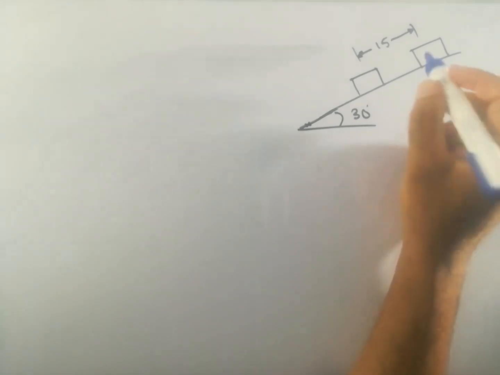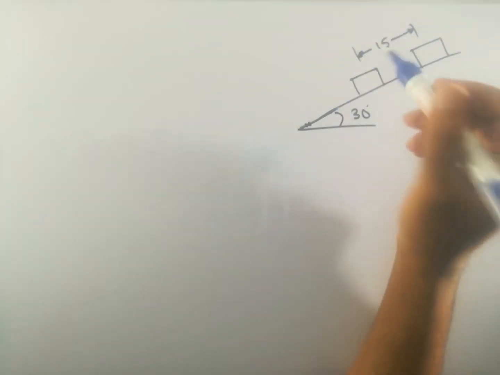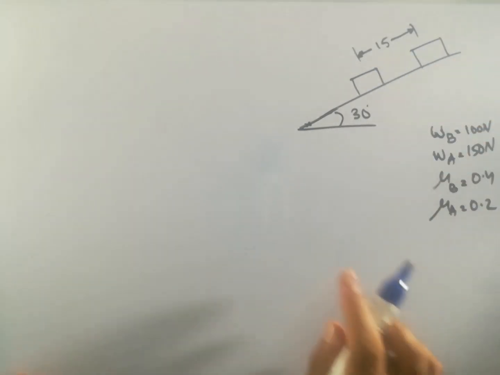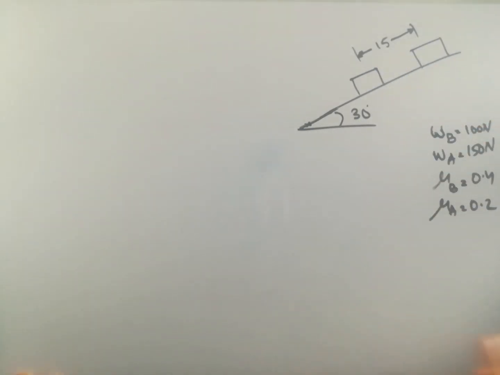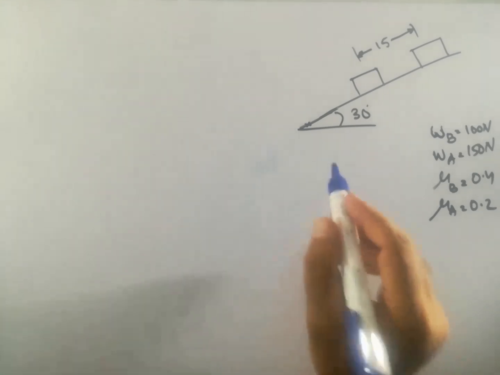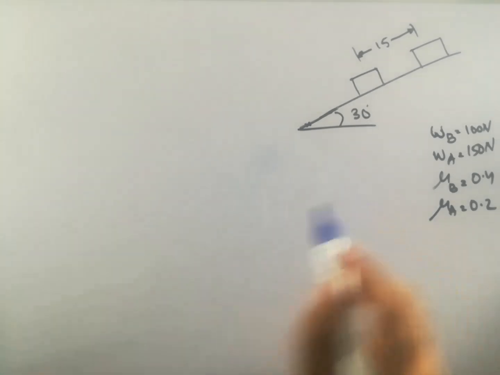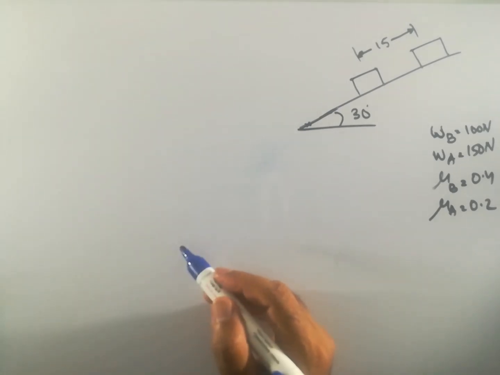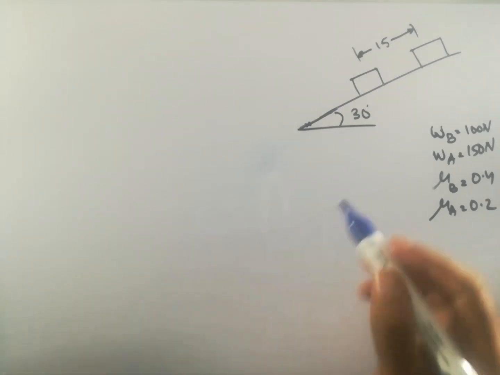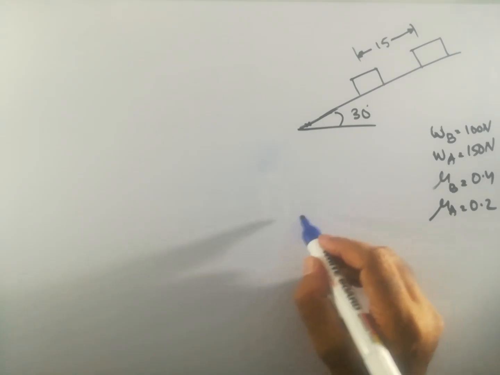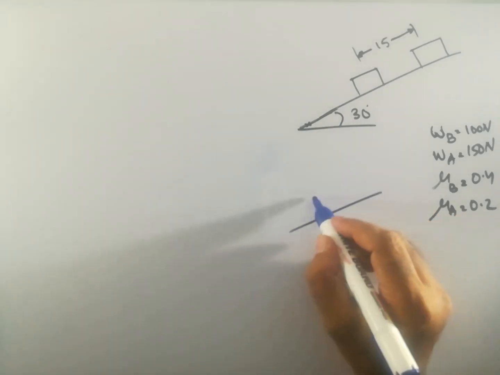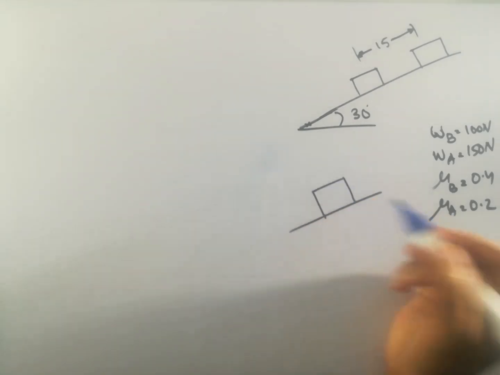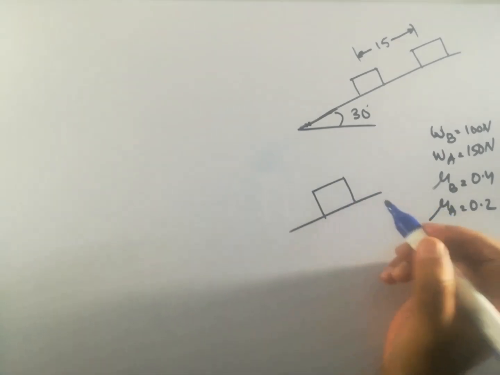Okay, so when a number of objects are involved, we should consider each of the objects separately. So here, first of all, let us consider the block A. So block A is here.